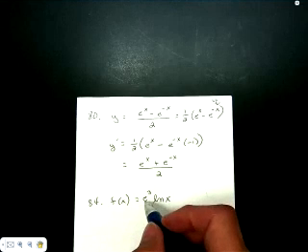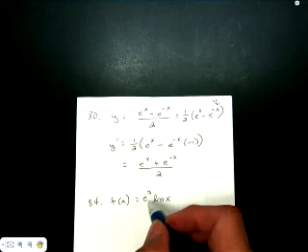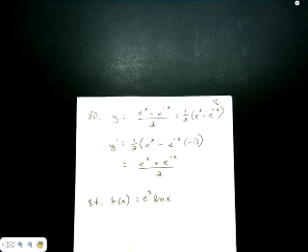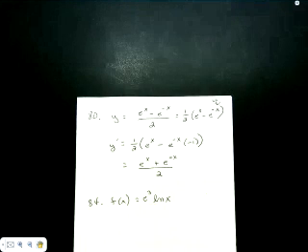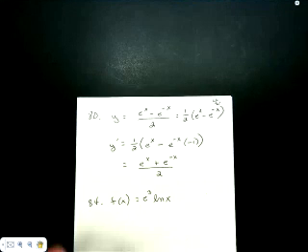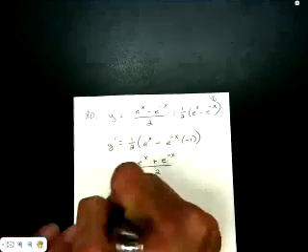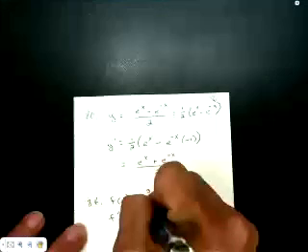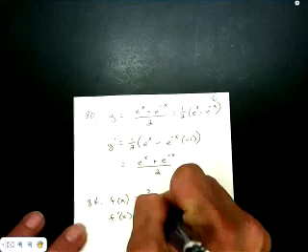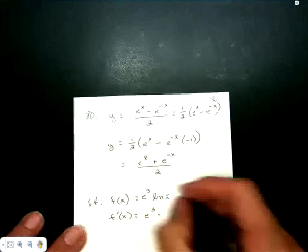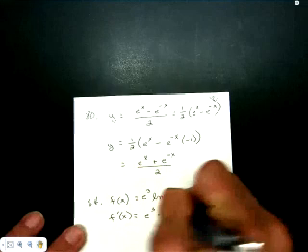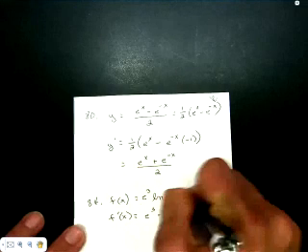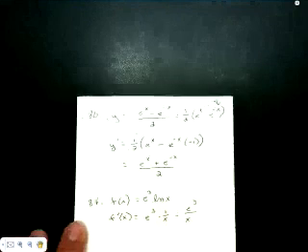E is about 3. 3 cubed is about 27. I suspect this is somewhere around 25. So this is just a constant times a function and doesn't require the product rule at all. That derivative would be just keep up with the constant and differentiate the function. That answer would probably be written as e cubed divided by x.